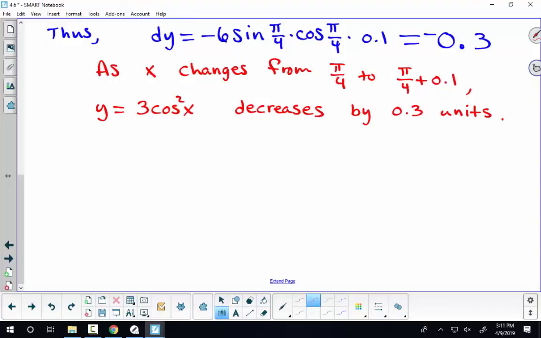It's the same for this approximation. If the change in x is very large, then typically that's going to indicate a bad approximation to the change in y values. Any other questions on this example or this differential stuff in general?